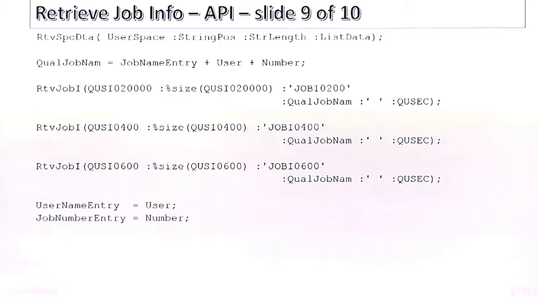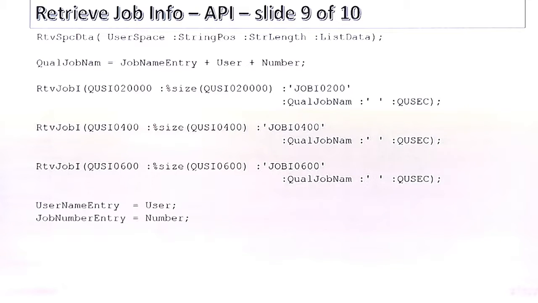It should be right there. Oh, and then retrieve space data right up at the top gets the last one. Because I don't want to get the first occurrence of this job. I don't need to know the first occurrence because the last occurrence is going to know whether it was in message wait or if it's complete, might have completed this time normally and would be wanting to go back.